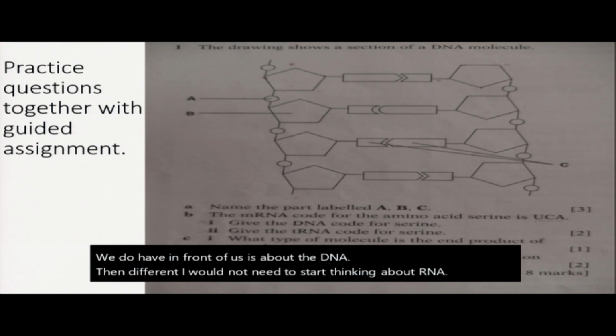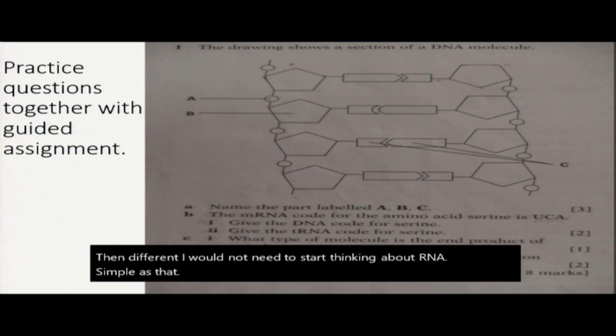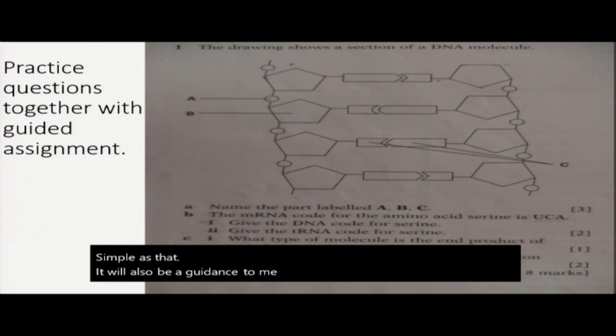As simple as that. It will also be a guidance to me that I can't think of a ribose sugar. Ribose is a 5-carbon, or deoxyribose also a 5-carbon. So my guidance, therefore, is just here where the laser is.